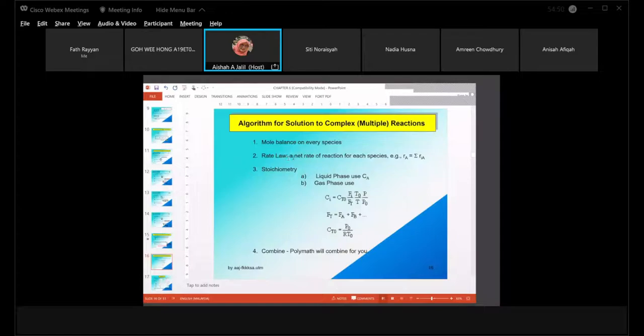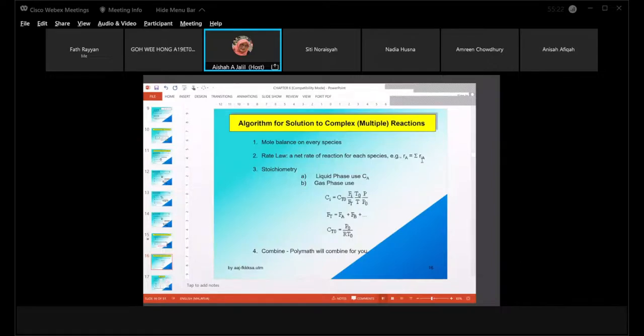In chapter 6, the rate law is a net rate of the reaction, because you have many reactions. If A appears in both reaction 1 and reaction 2, you have to combine. We call it the net rate of reaction for each species. For example, RA equals the sum of all the R_iA, where i is the number of the reaction.